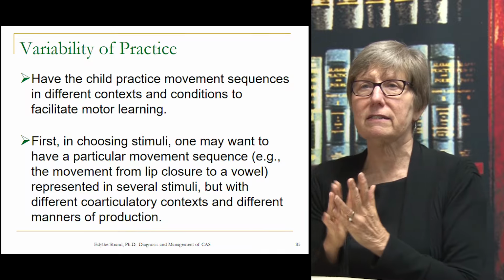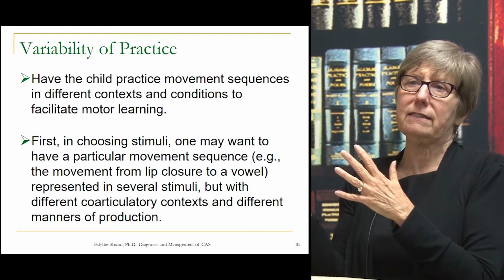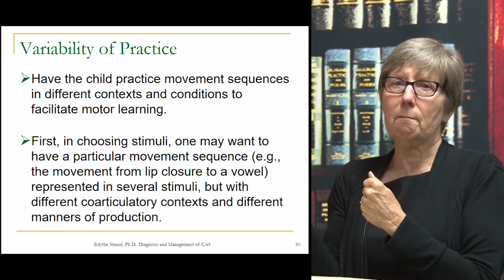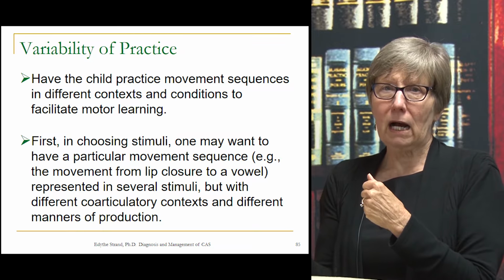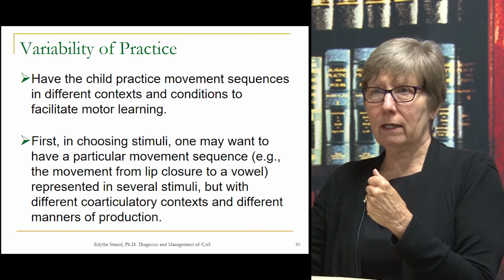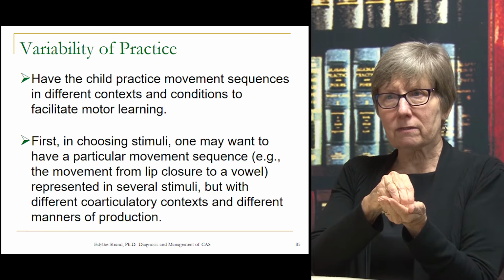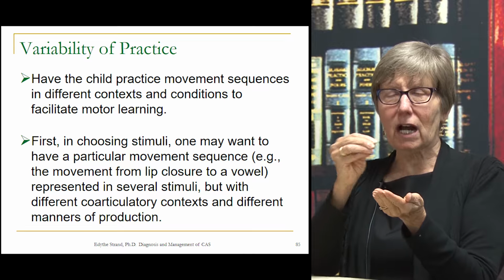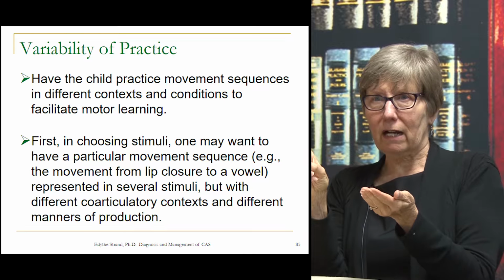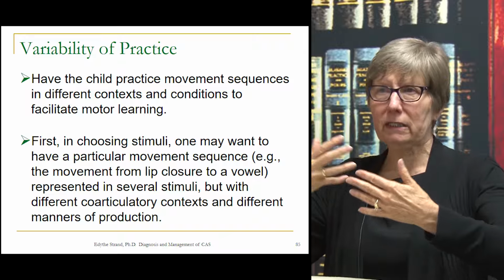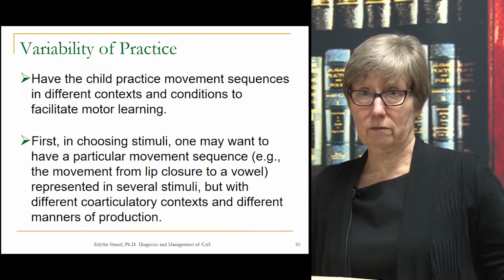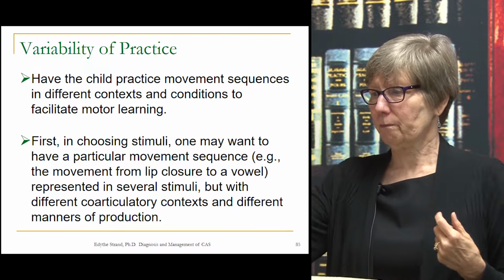So let's say you're at the CV, VC, reduplicated syllable. I might have mama and papa and maybe boy. So I've got bilabials in 3 different contexts across 2 different vowels. So I've got some variability there, but not too much.